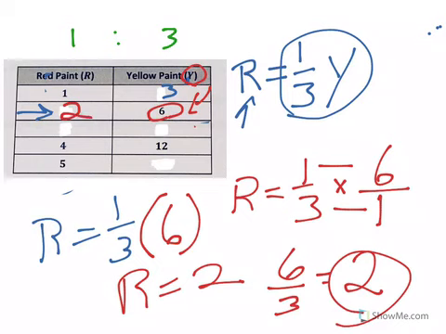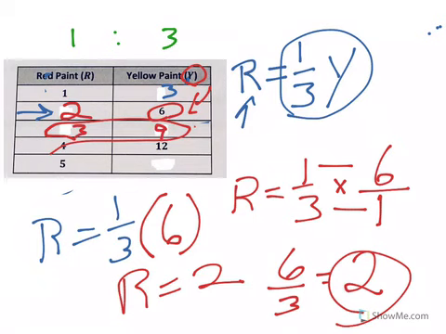Now, in this case, we have to know one of the pieces of data to be able to answer R equals 1/3 times Y. If we didn't know that, then you don't know what to multiply by 1/3, and you can't solve for R. So you've got to have one of them.